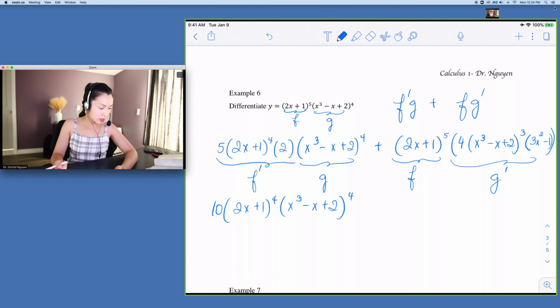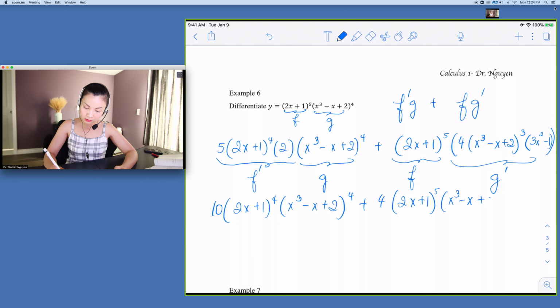If you want to factor it out, that's okay too, but I don't think we have to. I'm going to bring the 4 to the front. Like I said, you can always factor it out or you can just leave it that way.